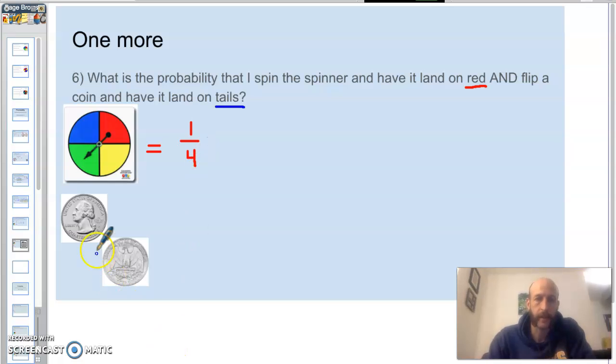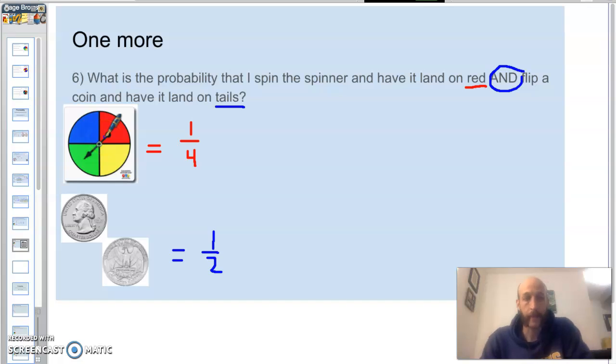What's the probability of flipping a coin and getting a tails? Well, there are 2 sides to a coin, but only one of them is a tails.